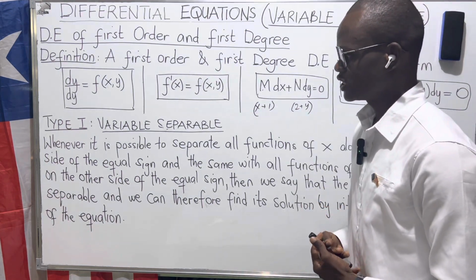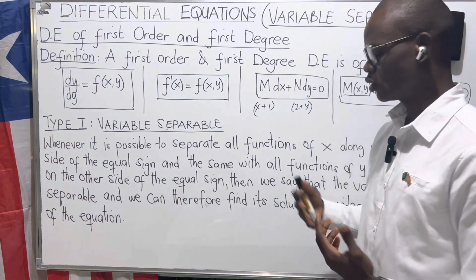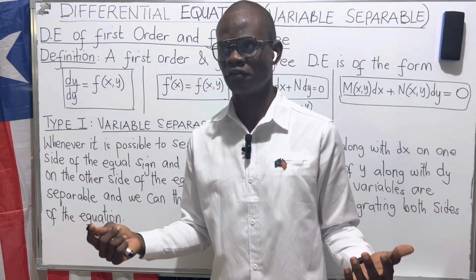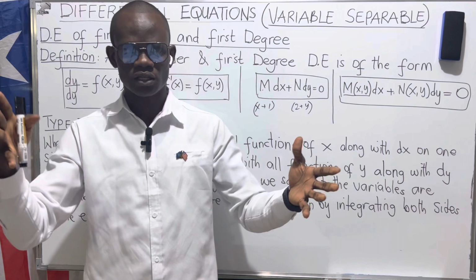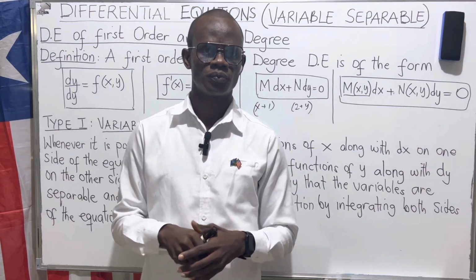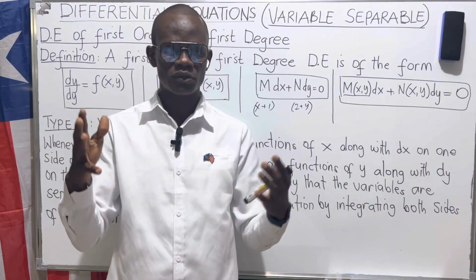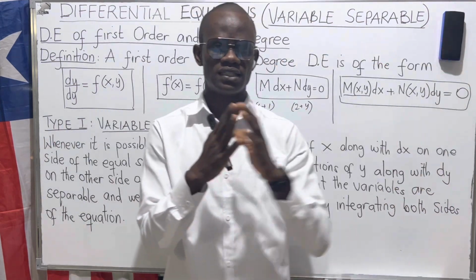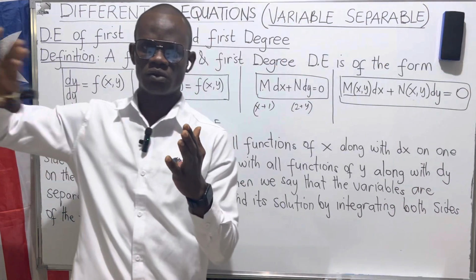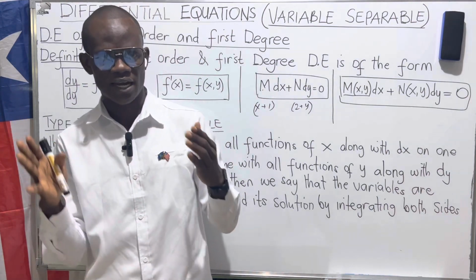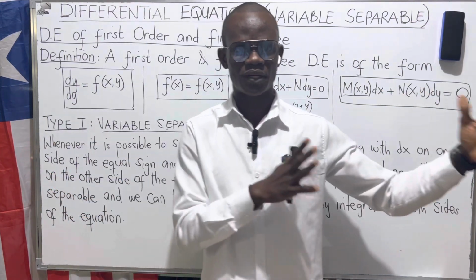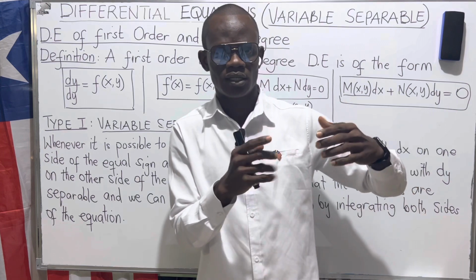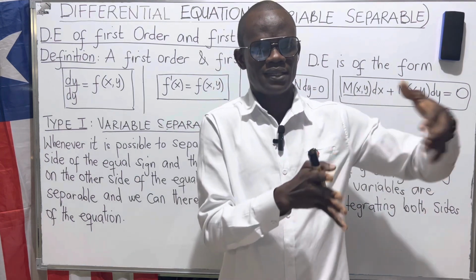So we said whenever we have a differential equation, and it's possible to separate all of the functions in x and separate all of the functions in y, that is, when the functions in x are separated, the derivative notation dx is attached to it.